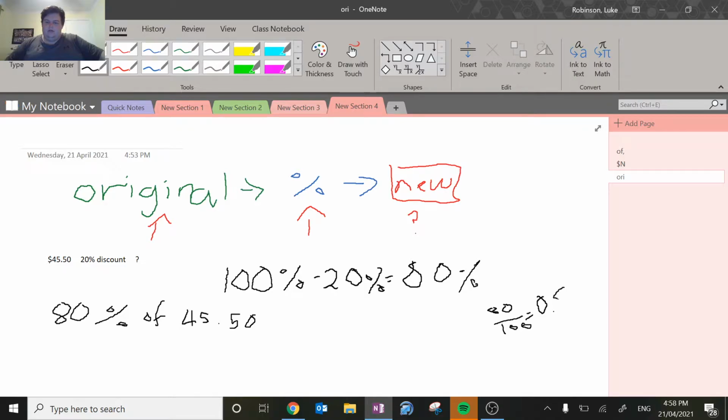Whenever you're taking something from percentage to decimal, you just divide it by 100. So we replace the percentage with 0.8 times 45.50, which will give us our answer.